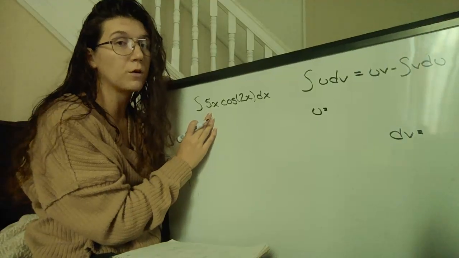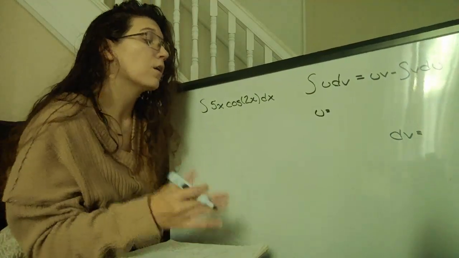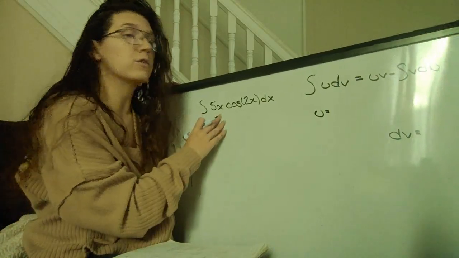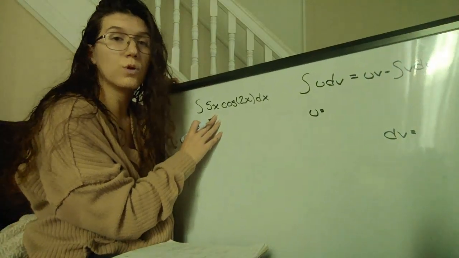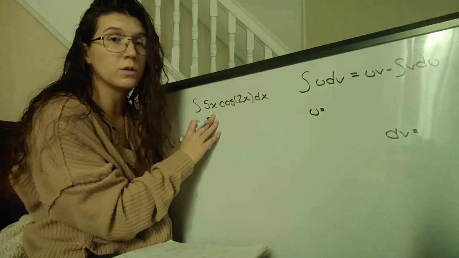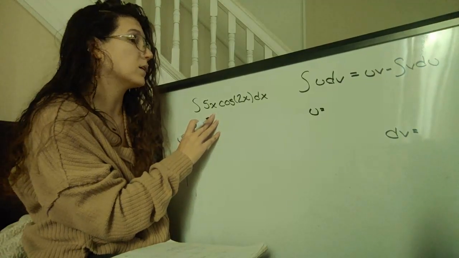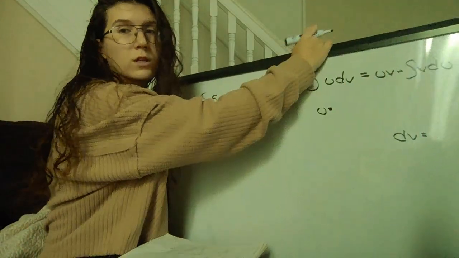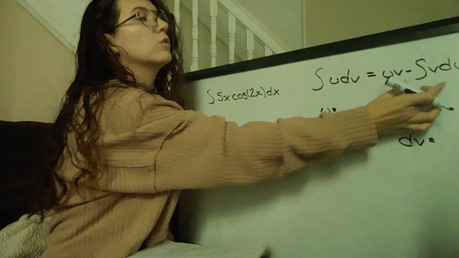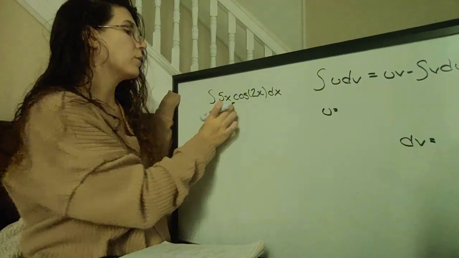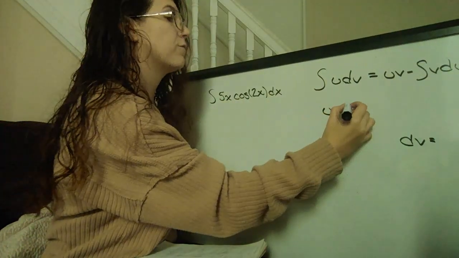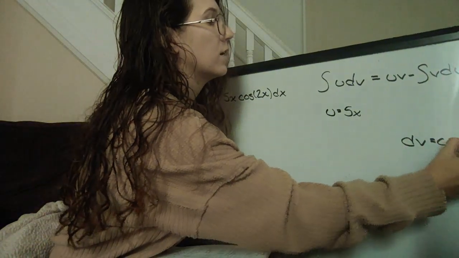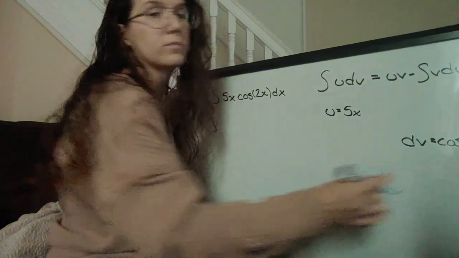We don't care about coefficients floating around, because they just stay when we integrate or differentiate. If we set it as our u, when we differentiate it, it's just going to go to 5, which makes it an easier integral for us down the line when we utilize this formula. So I'm going to set my u to 5x and my dv to cosine 2x.